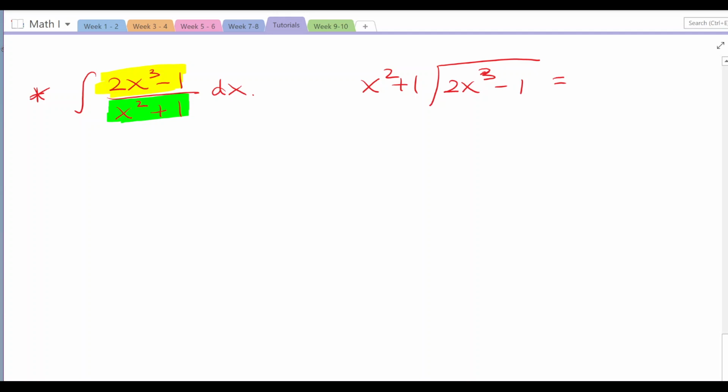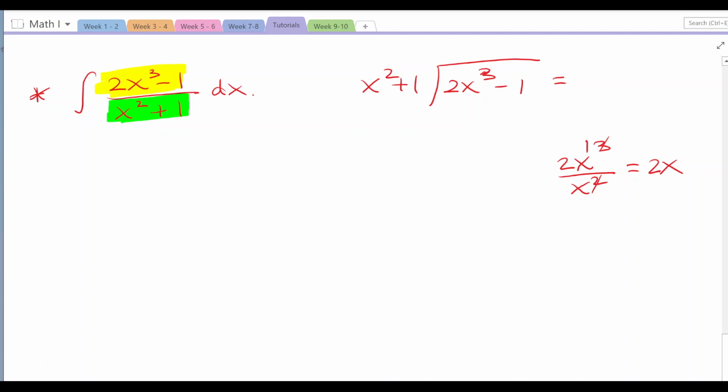So here we have 2x cubed divided by x squared. Of course, we're going to get 2x, just cancel one of them and it becomes 2x.